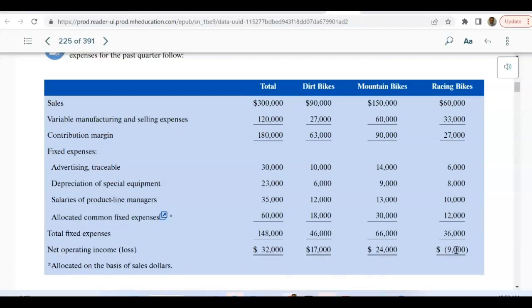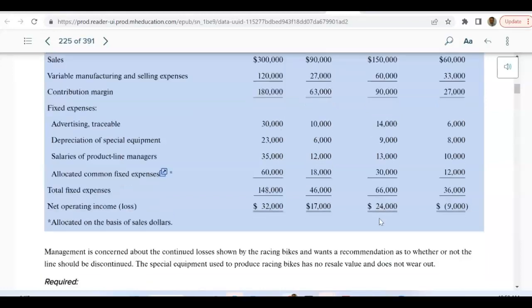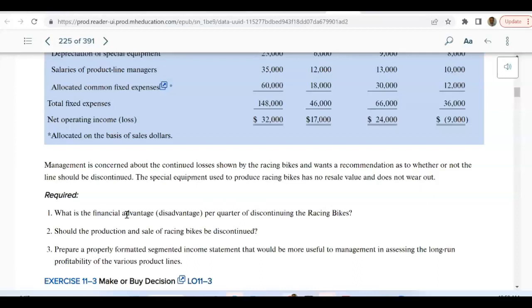But remember, common fixed expense is going to happen no matter what you do. So the special equipment used to produce racing bikes has no resale value and does not wear out. Okay, so racing bike has no equipment that relates to racing bike has no resale value.